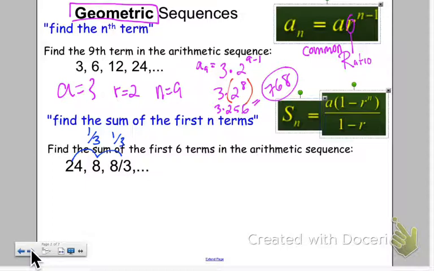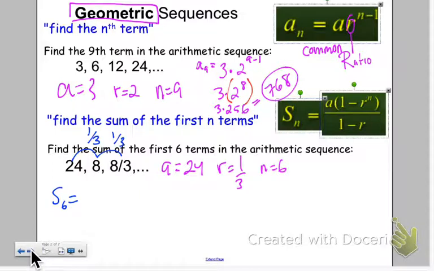So we're just going to plug it into our formula. The sum of the first 6 terms, and I did 6 because otherwise these fractions get ridiculous, is going to be, a is the first term, which is 24, the ratio is 1/3, and we're looking for the 6th term, so n is 6.